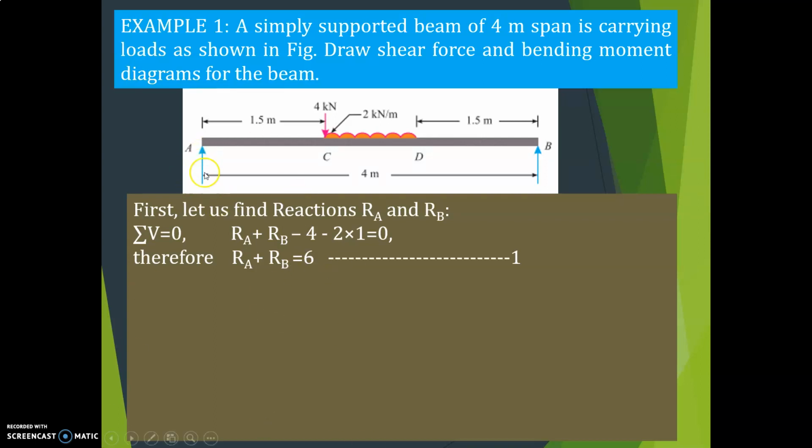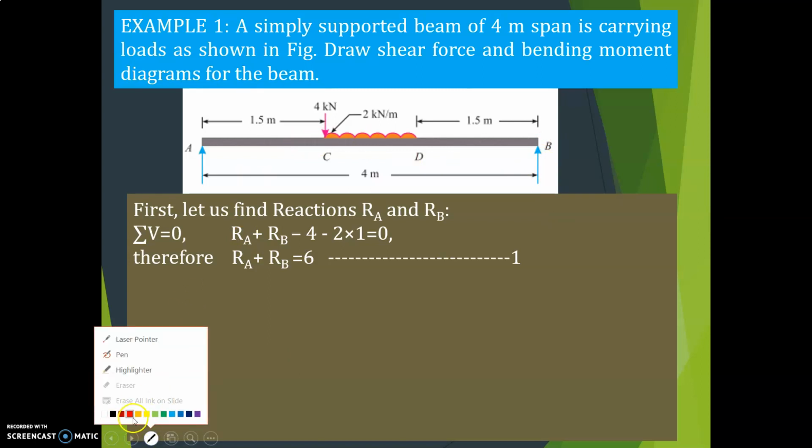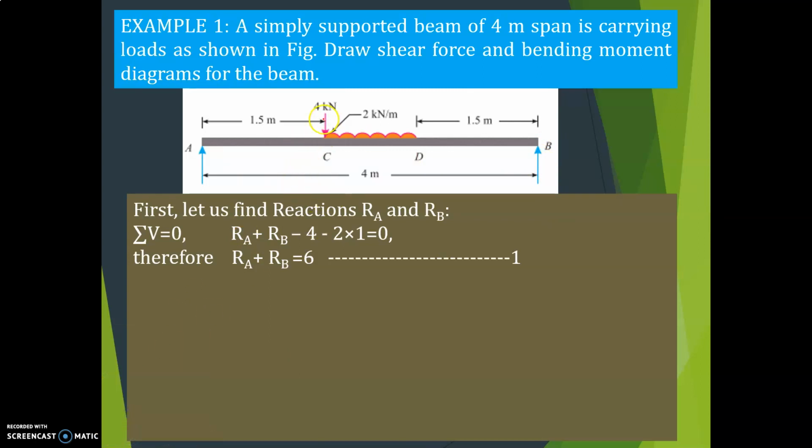Okay. So how to calculate? Now RA, this is plus. The reaction at A is plus RA, then plus RB in the upward direction, and then minus 4 in the downward direction, and minus the UDL. So convert it into load, that is 2 into this distance.